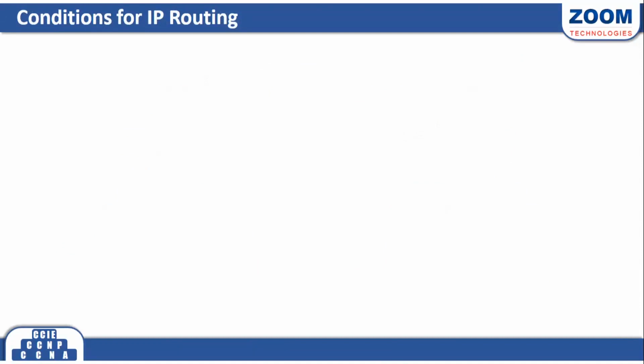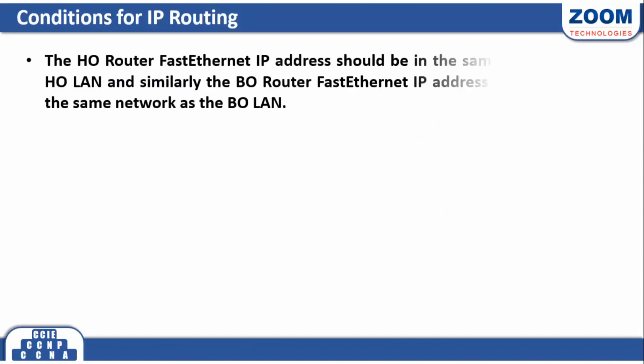Condition number one: the head office router Fast Ethernet IP address should be in the same network as the head office LAN, and similarly the branch office router Fast Ethernet IP address should belong to the same network as the branch office LAN.